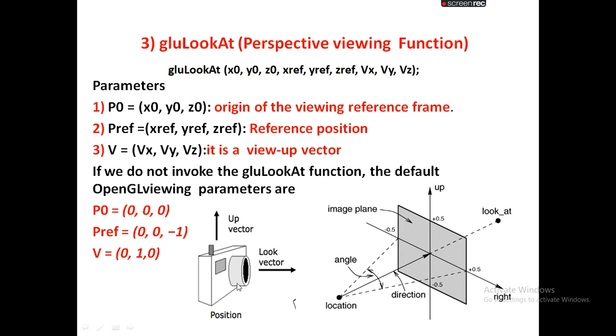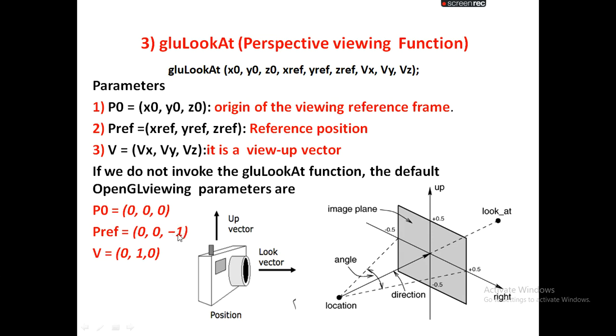By default, the OpenGL viewing function gluLookAt takes the following parameters. The origin of the camera is 0, 0, 0. That is the P naught value. And our P reference point, the reference point when we want to capture the image, has x-axis value 0, y-axis value 0, and z-axis value -1.